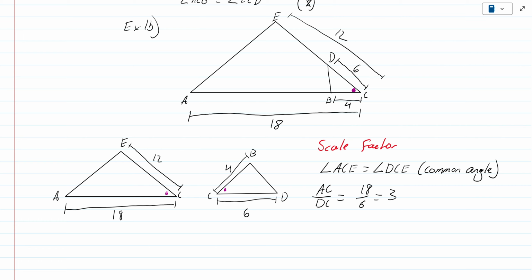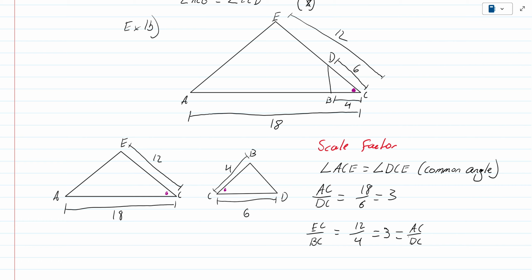Then we check it with EC and BC. EC divided by BC is going to be 12 over 4. 4 goes into 12 3 times. So that is equal to AC over DC, which is 3 as well.